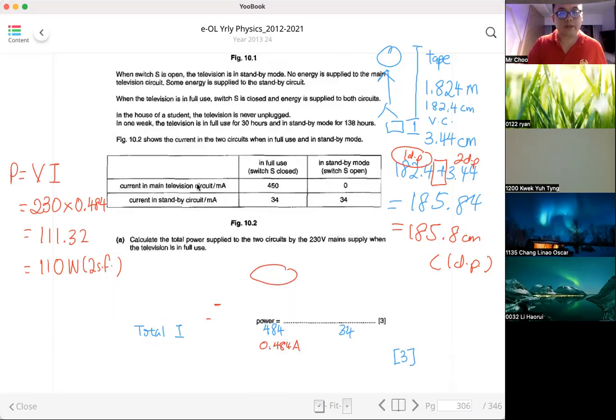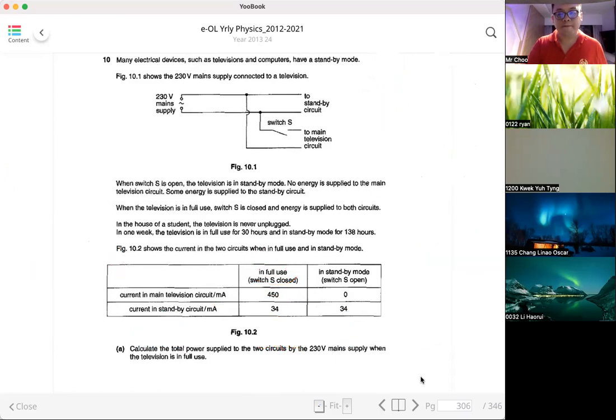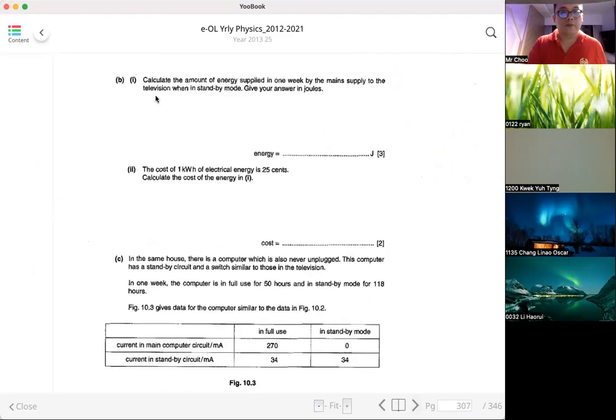Okay, so that's the first question. Now we go to the next question. Okay, calculate the amount of energy supplied in 1 week by the main supply to the television when in standby mode. Okay, let me give you all some data. V is equal to 230.